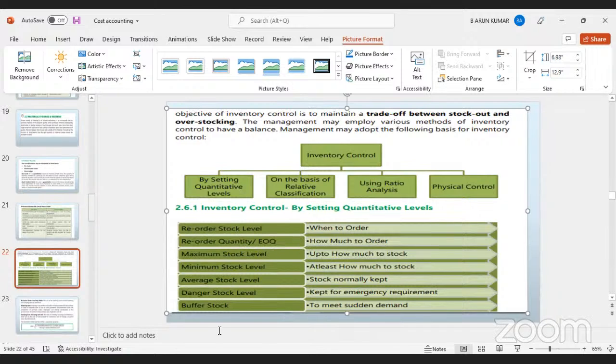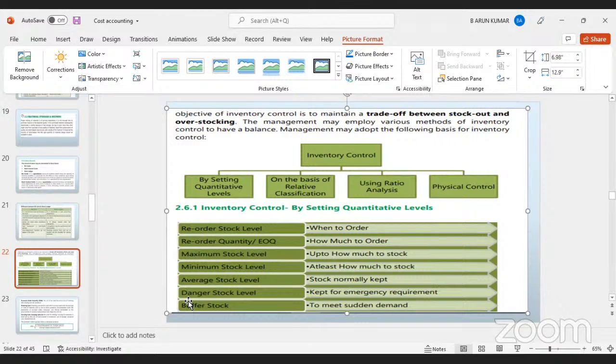It means how much to order at a time, so that we gain on transport and storage. The third is the maximum stock level. It means up to how much stock we maintain in our stores department and godowns, up to which stock level we maintain.